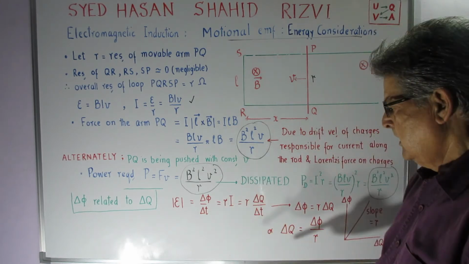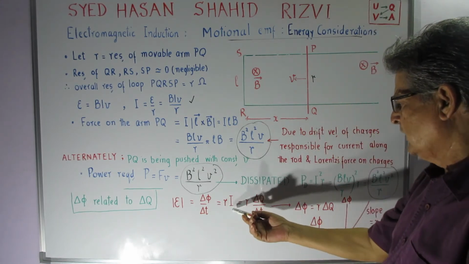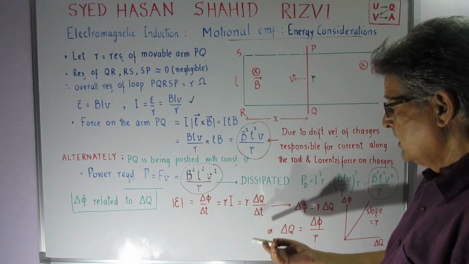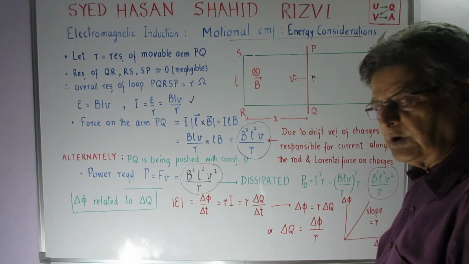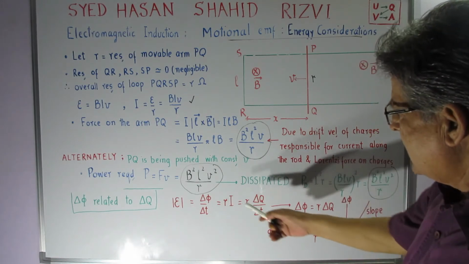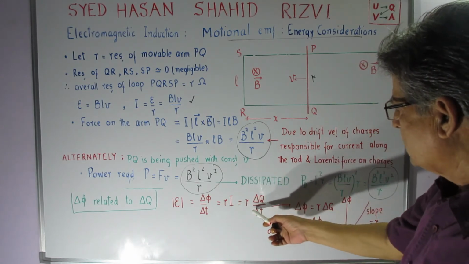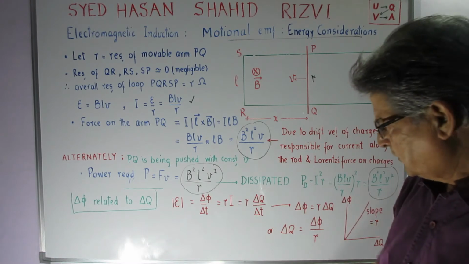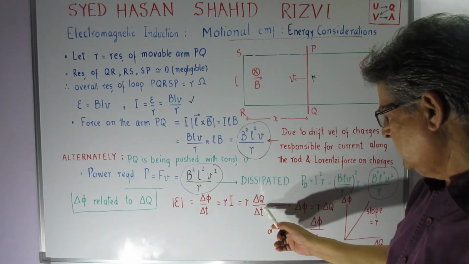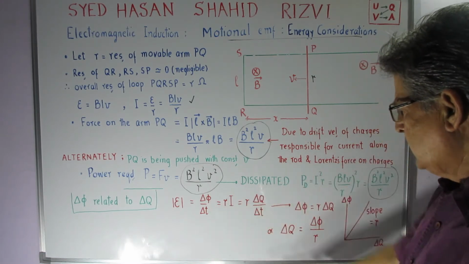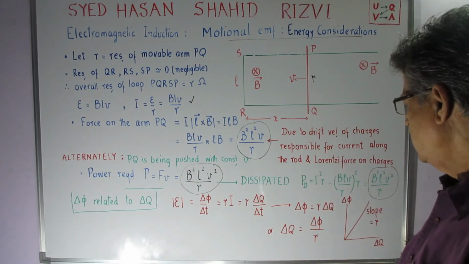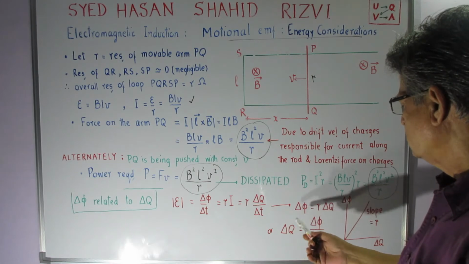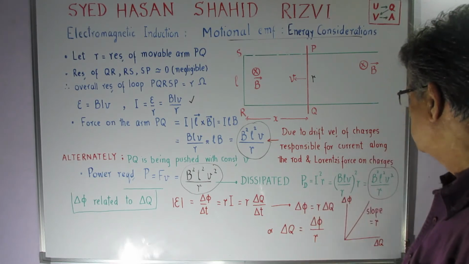So this I can write as r into I also, because r is the resistance and I is the current through it, and I can be written as delta Q upon delta t. So if the two times are equal, they cancel out, and delta phi becomes equal to r into delta Q. Or we can say that delta Q is equal to delta phi upon r.